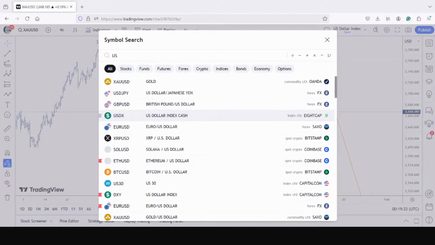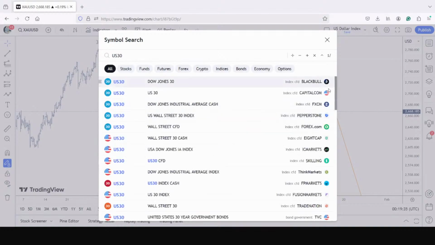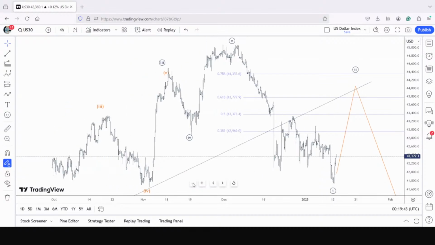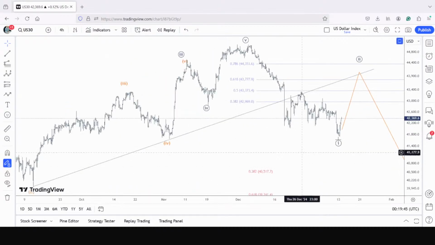Sorry, a quick view on the Dow Jones, and here we are again. Again, we were bang on the right side with potential wave 1 projected to be completed.